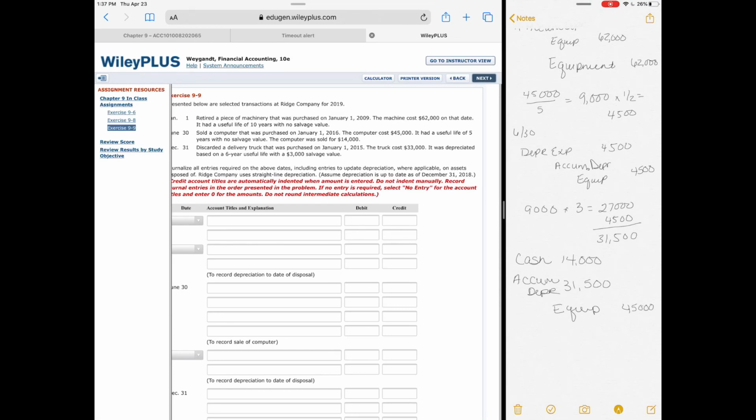So I'm going to credit that. And remember, your debits have to equal your credits. So they don't. I need another credit, which is a gain on asset or gain on sale. And that gain is going to be for the difference to make my debits and credits equal, or $500.